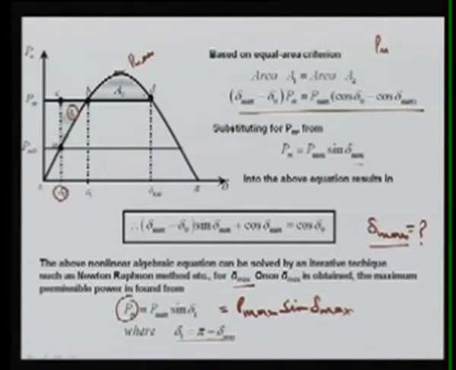However, area A2 is the decelerating area, because PE is more, meaning the electrical power you are taking from the system is more than the power you are feeding to the turbine. So this is decelerating. Accelerating energy must be equal to decelerating energy, and then PM can be determined.